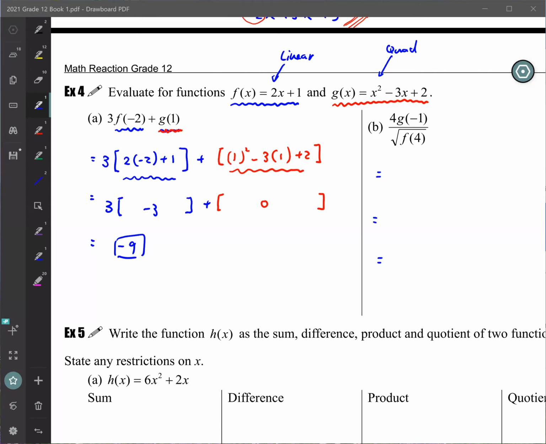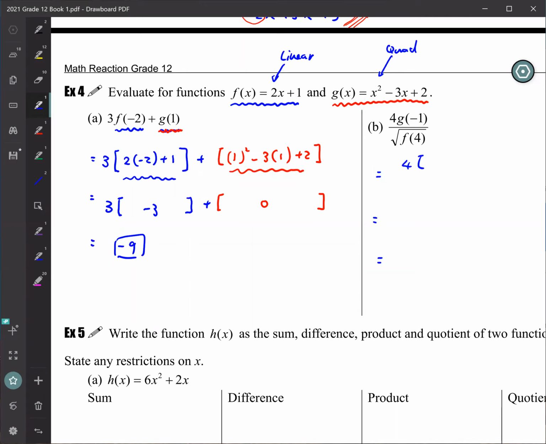Evan, what's your answer? Final answer? Sorry, I'm not finished yet. I was just talking to my parents. I need a little bit more time. Do you have your first step? Can you show us your first step? I just put the g and f into the question. Can you tell me how to write it out? For the numerator, I put 4 bracket x squared minus 3x plus 2.